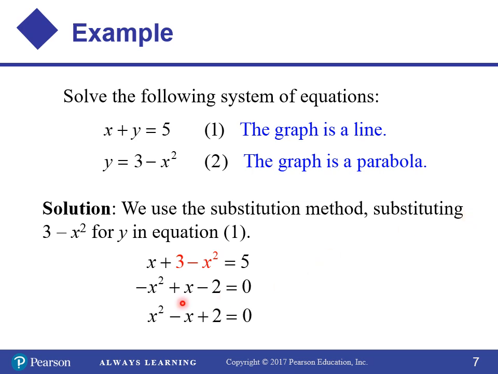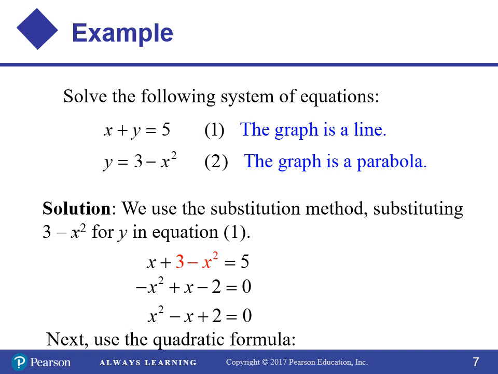Because there was a negative, we distribute the negative and end up with x squared minus x plus 2. Then we're going to see if that's factorable.